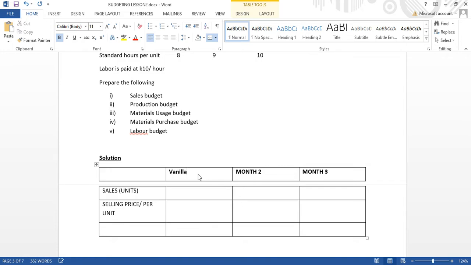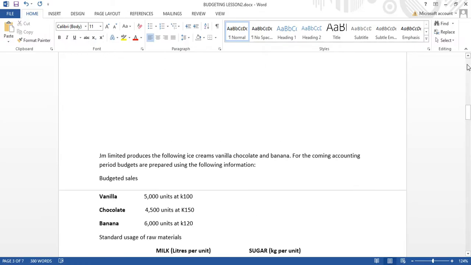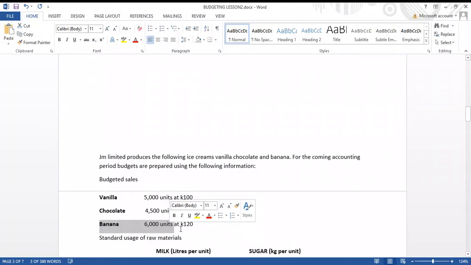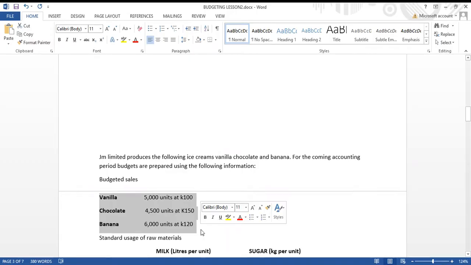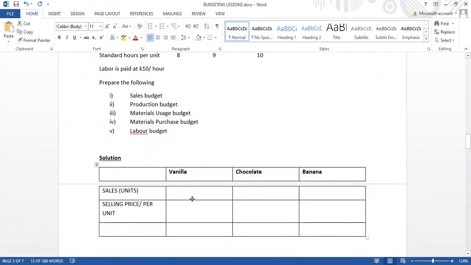We're going to have vanilla, chocolate, and banana. And so we go to our information here. We've been given vanilla 5,000 units at 100 kwacha, chocolate 4,500 units at 150, and banana 6,000 units at 120 kwacha. So this information is necessary for our sales budget.